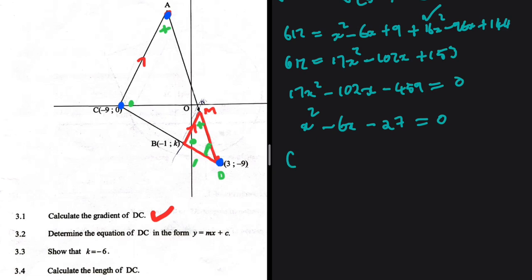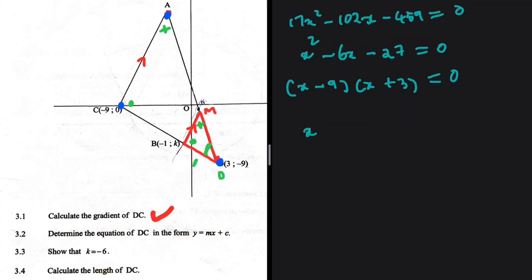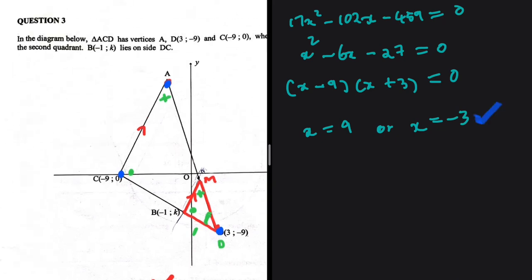Okay, so x minus 9 multiplied by x plus 3. I think this works. Yes, so x is equal to 9, or x is equal to minus 3. But I like minus 3 because A is in the second quadrant, so its x value must be negative, right?